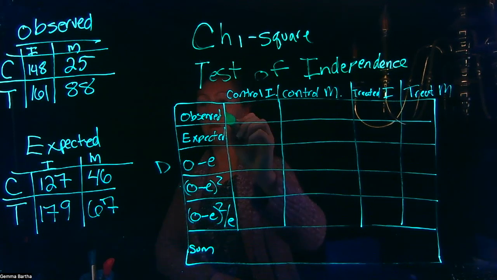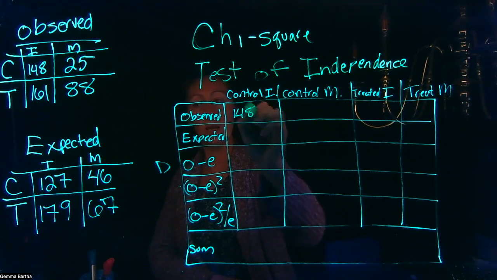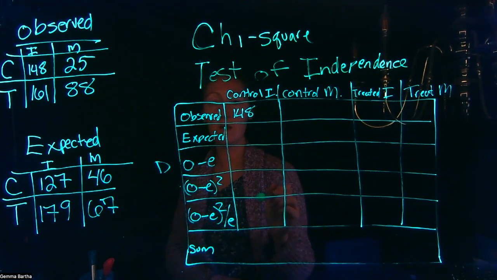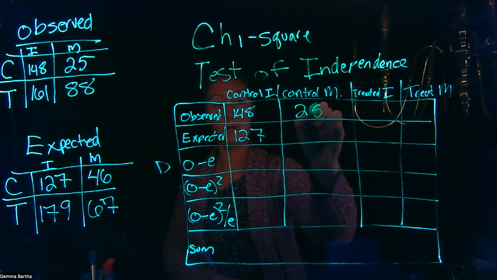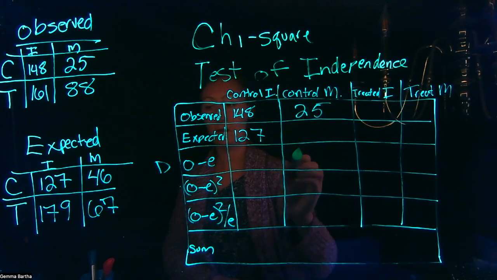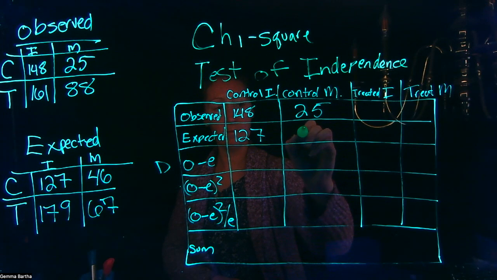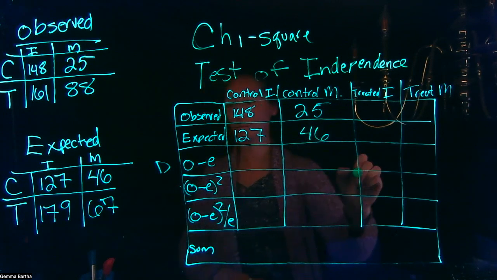So for our observed, our control, that's 148. Again, we're getting numbers from there. And our expected is 127. Our control mitosis is 25, and our expected mitosis for our control was 46.